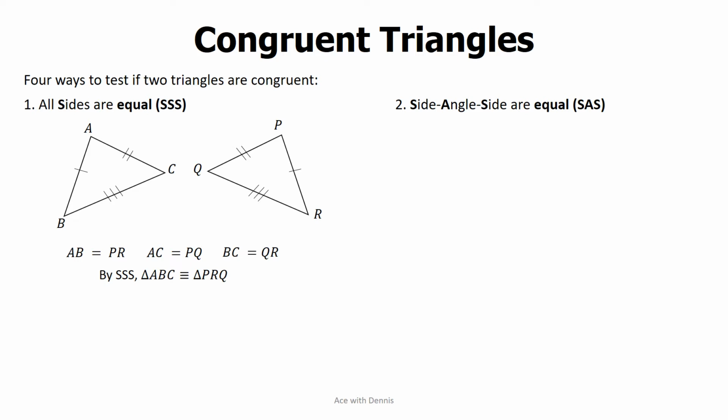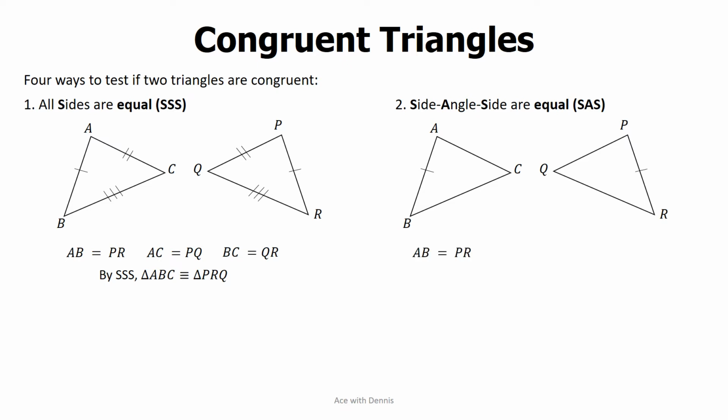The second way to test if two triangles are congruent is side-angle-side equal, in short form, SAS. Let's look at these two triangles again, triangle ABC and the second triangle, triangle PQR. So under this property, AB equals PR, and angle BAC equals angle QPR.